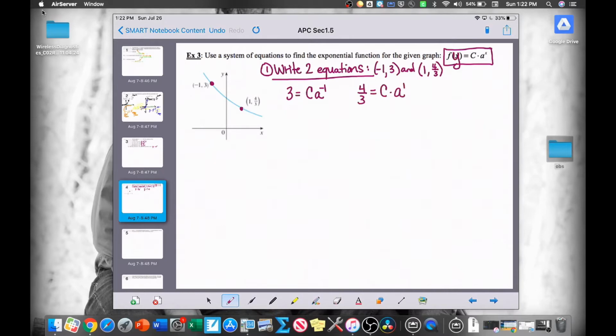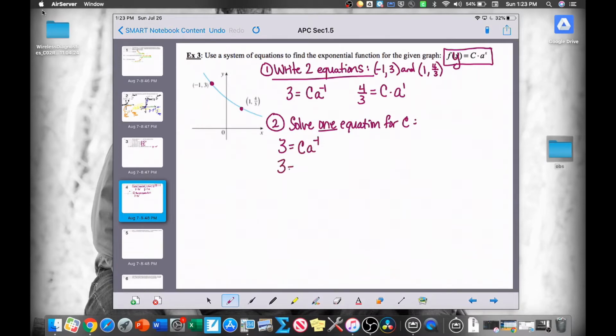Okay? Step 2 is going to be solve one equation for c. Pick the one you like, pick the easier one. So this is just algebra, okay? So I'm going to start with 3 equals c times a to the negative 1 power, which is actually a on the bottom, right?